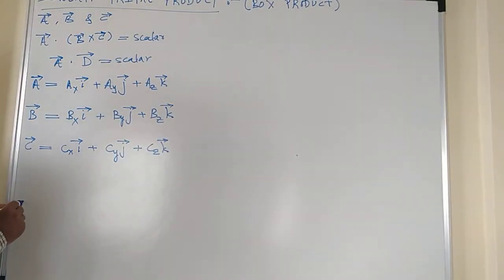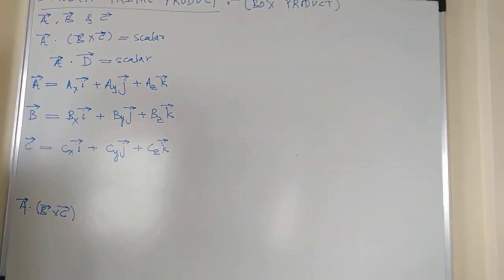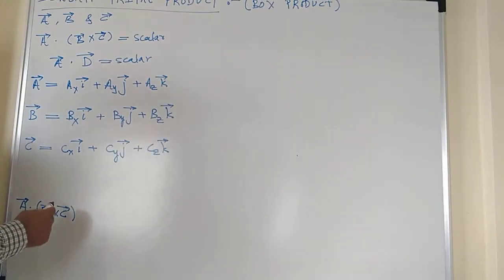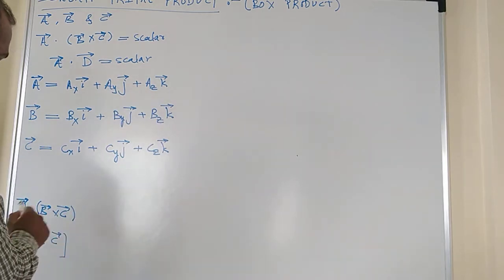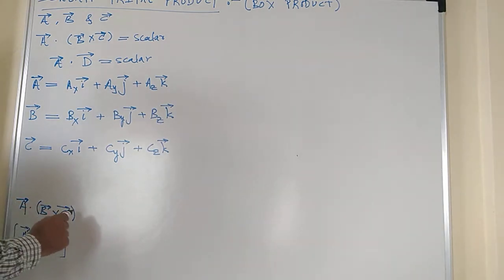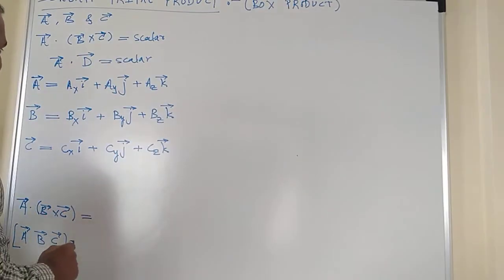And if you take this product, let me take here a bar dot b bar cross c bar. This is a scalar triple product. This is also called a box product, and this box product is written in square brackets as a bar, b bar, and c bar without any commas, right? So if you take this product, it will give you the dot product of the first vector with the cross product of the other two vectors.